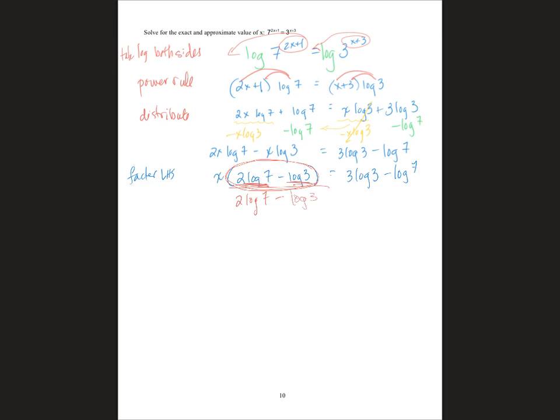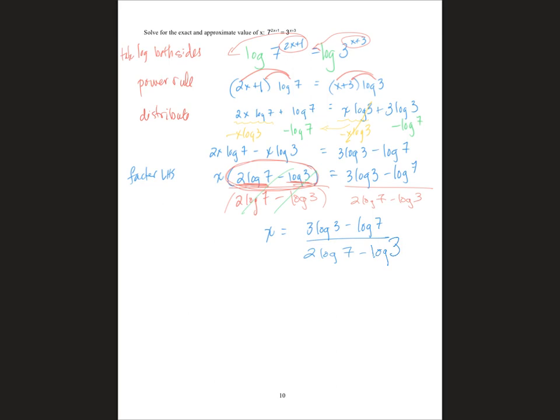So I can divide both sides by that. So all I have left on the left-hand side is x. And on the right-hand side, I have 3 times log of 3 minus log of 7 over 2 times log of 7 minus log of 3.